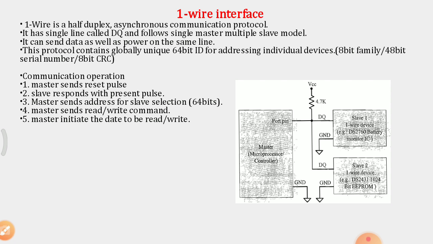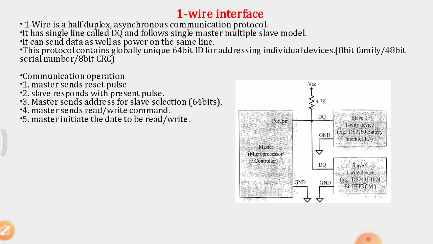In the figure we can see a single master, either a processor or a controller, and a wire called DQ connected to the port pin, and the slaves are connected to that DQ. Here it can send data as well as power on the same line. The DQ carries the power signal as well as the data signals.